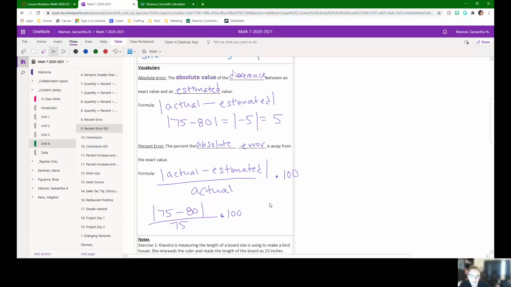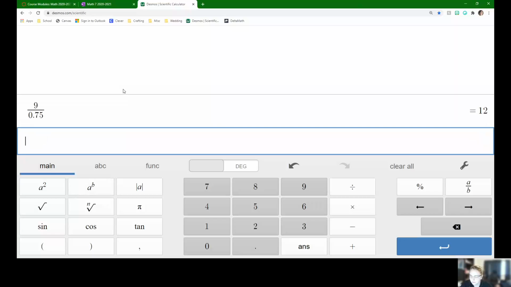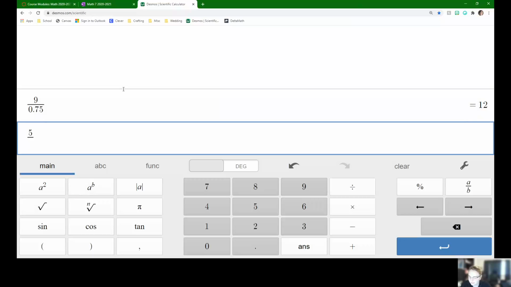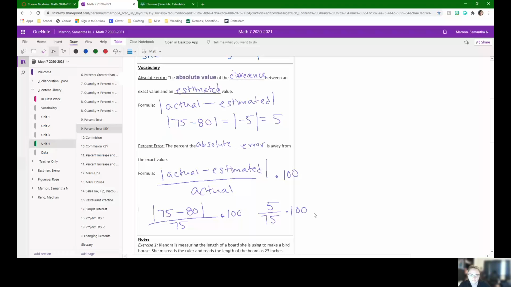Absolute value of that is 5, so we have 5 over 75 times 100. So let's type that on our calculator. We have 5 divided by 75, multiplied by 100 to get a percent. So I was off by 6.6 repeating percent. And we show that the 6 repeats by putting the line on top.